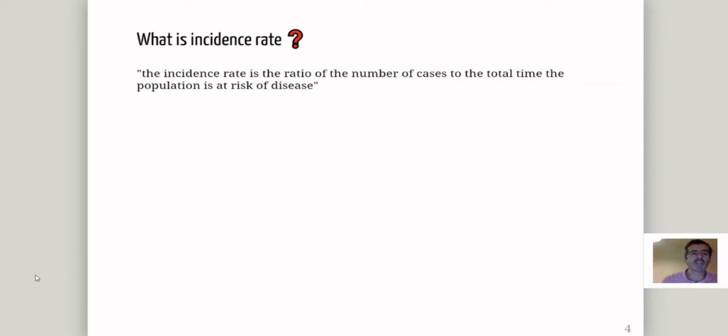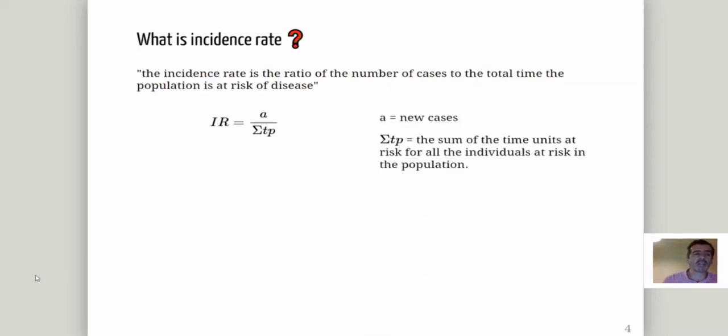So let's first look at the formula to calculate the incidence rate. It's a ratio, and the letter A belongs to new cases that we are registering. And this notation here, the denominator, corresponds to the sum of the units at risk for all the population at risk in the population.